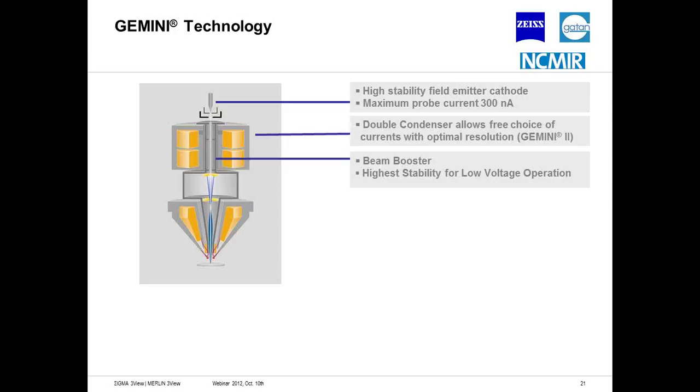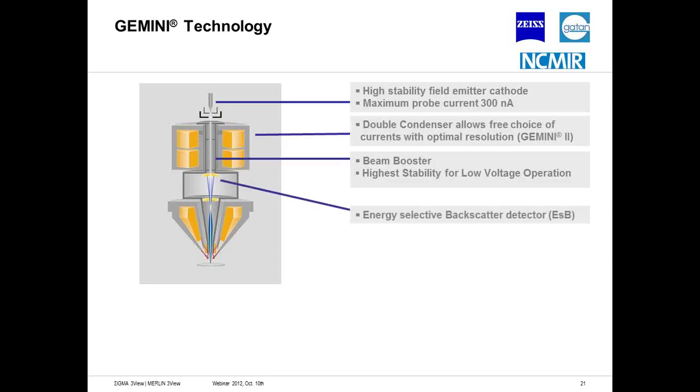And that brings a very high stability inside the electron column. And of course, because they are very fast inside the column, they have to be decelerated at the end of the column. So we have an in-lens deceleration of electrons. This is a very stable design which allows for very long-term experiments.